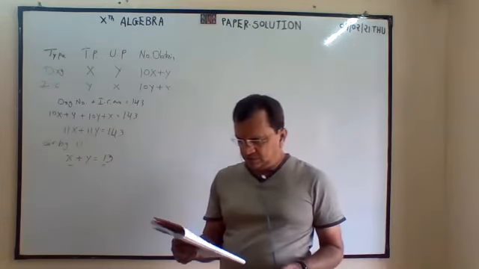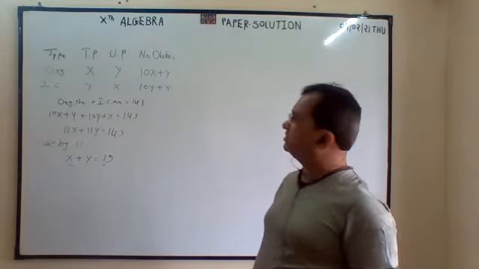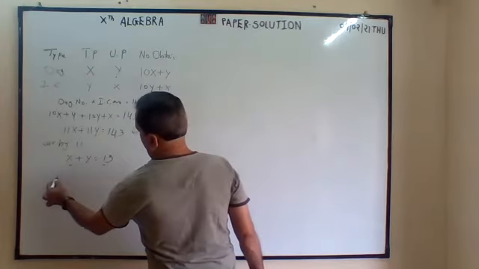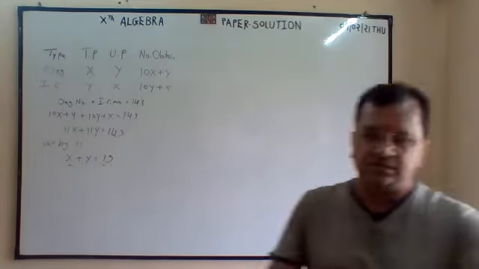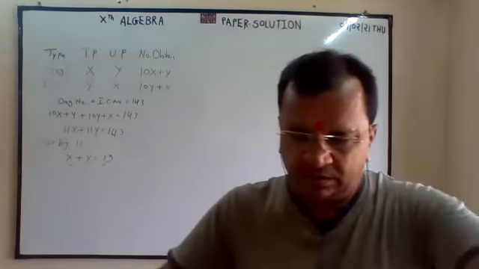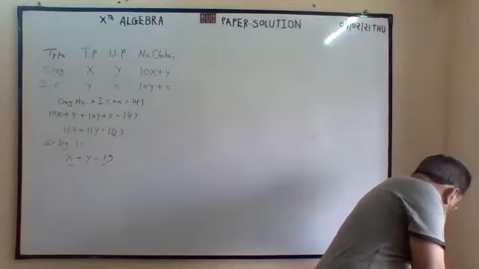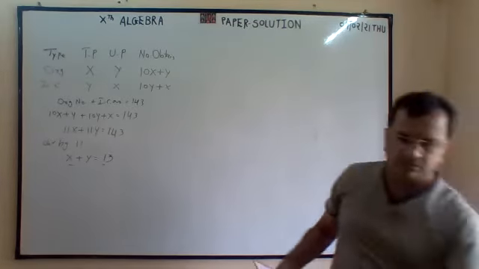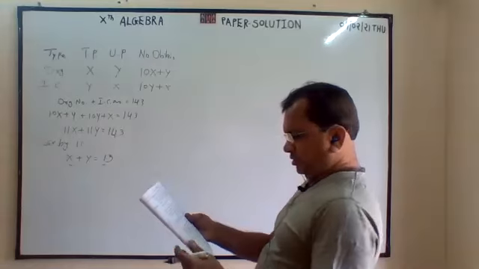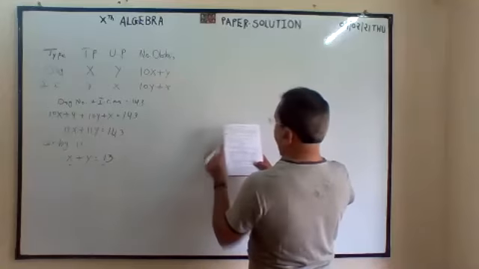Now, the digit in the unit place is 3 more than the digit in the 10th place.